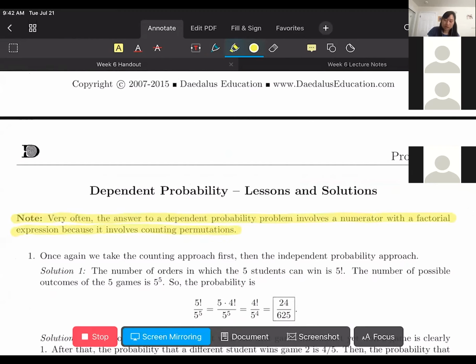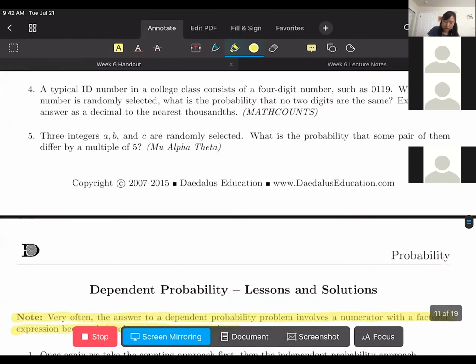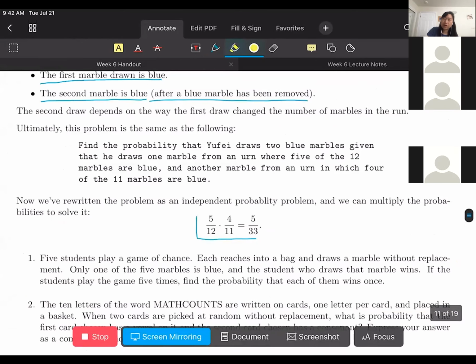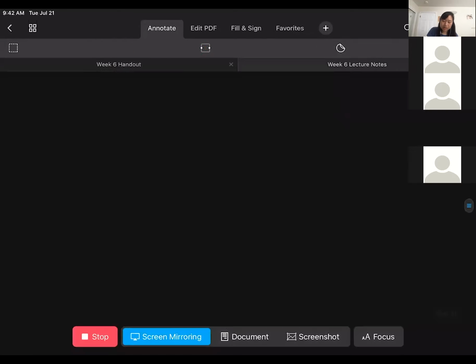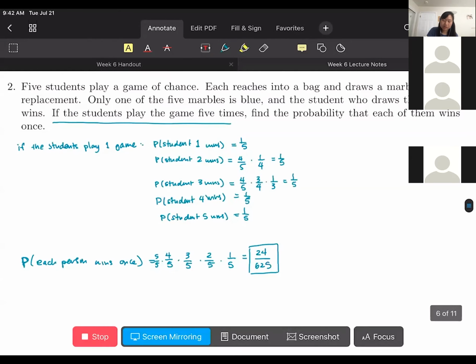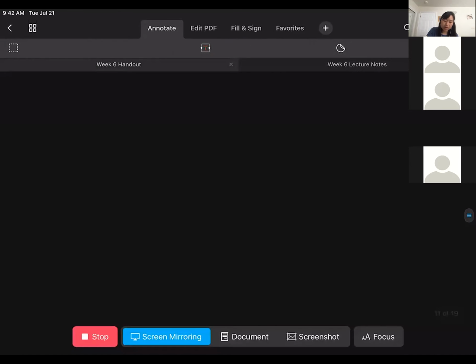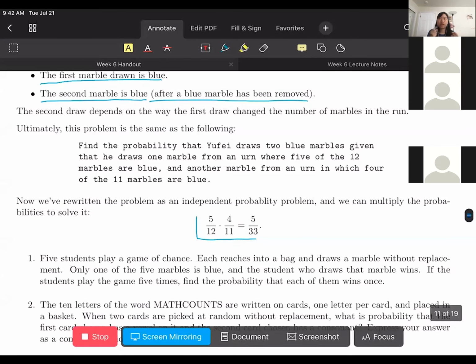So we saw, for example, up here, we did 5 times 4. In the example we just did, we got 5 times 4 times 3 times 2 times 1. So oftentimes it's dependent because we're doing a permutation rather than doing the same thing over and over again, where we're more likely to see an exponent in the numerator.